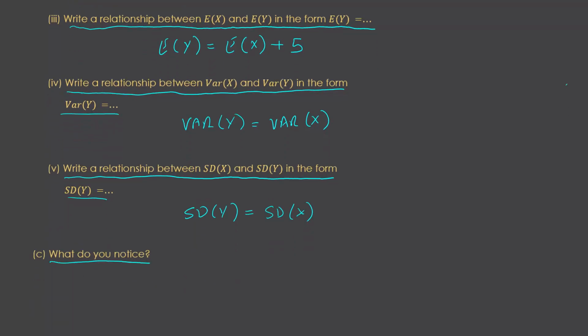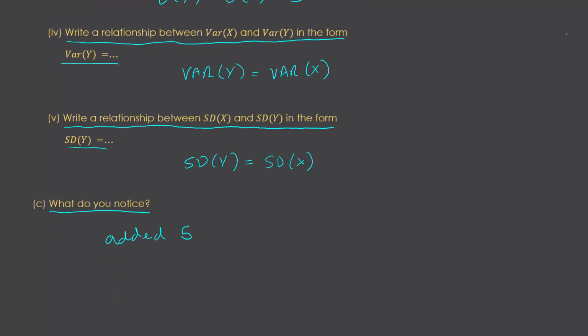What do we notice? Well, we just simply added 5. It changed the expectation by 5. In other words, the expectation of y was equal to the expectation of x plus 5.